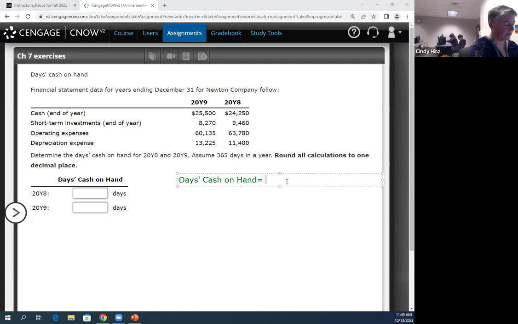So our numerator is going to be our cash plus short-term investments. And then the denominator is going to be our daily cash operating expenses.